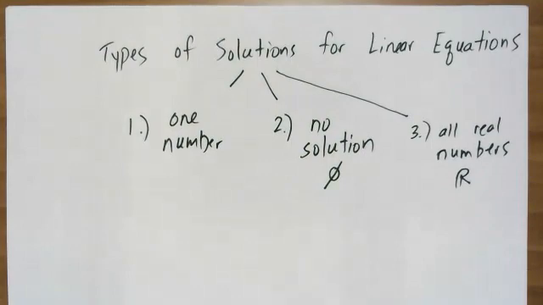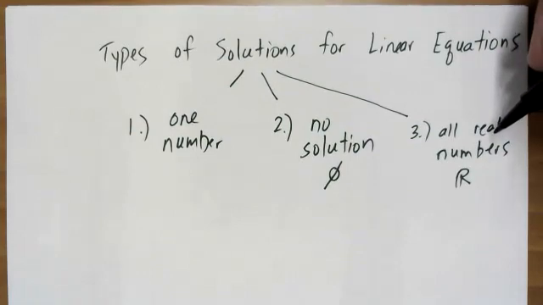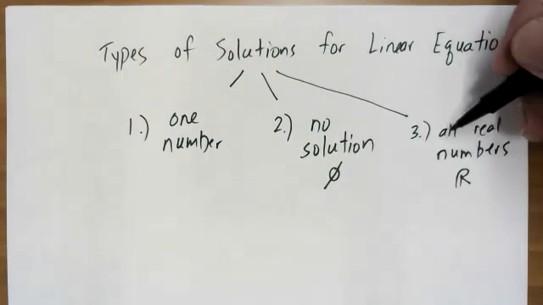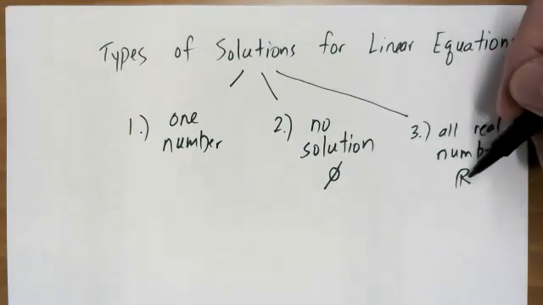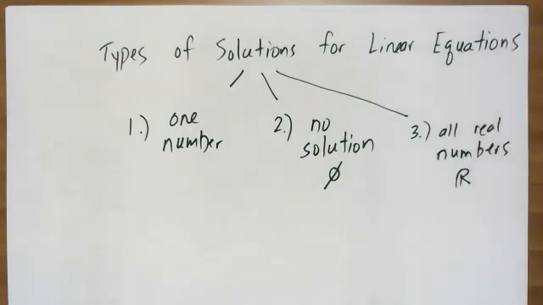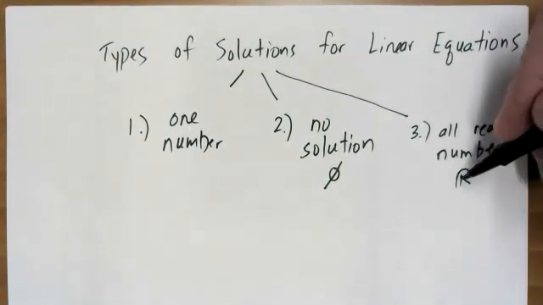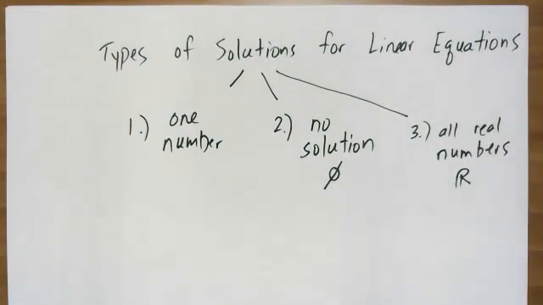You're given an equation, you're asked to solve it, and as it turns out, 4 is a solution, 5 is a solution, minus 17 is a solution, 2/3 is a solution. Any number you want is a solution. In this case, we say the solution is all real numbers. And all real numbers in the world of math, sometimes they like to write this R with the double lines here.